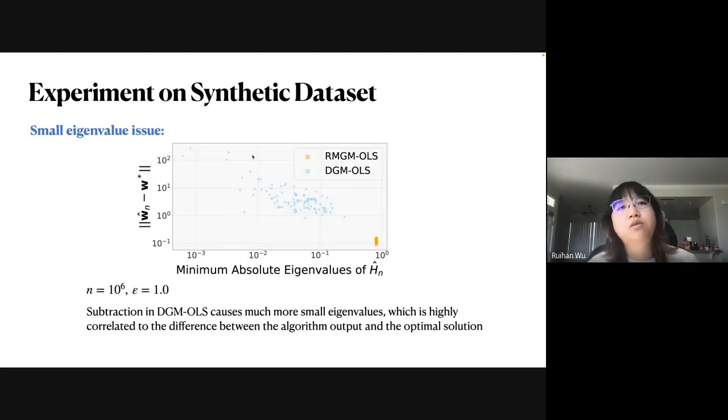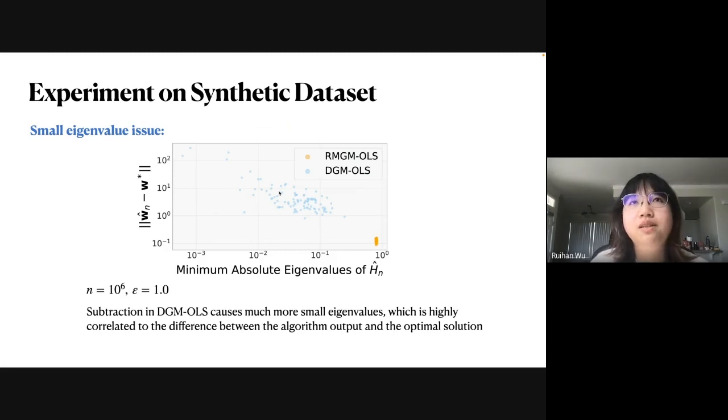This is one more page to support the small eigenvalue issue of DGM-OLS that we mentioned before. In the DGM, because we subtract the bias from the Hessian matrix, that matrix is not guaranteed to be positive definite anymore. Then we claim that the eigenvalues of that matrix before the inverse could be very small. This is the result to support that claim.